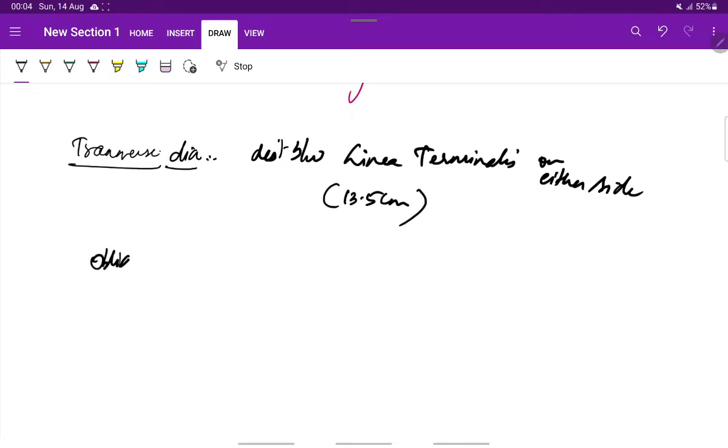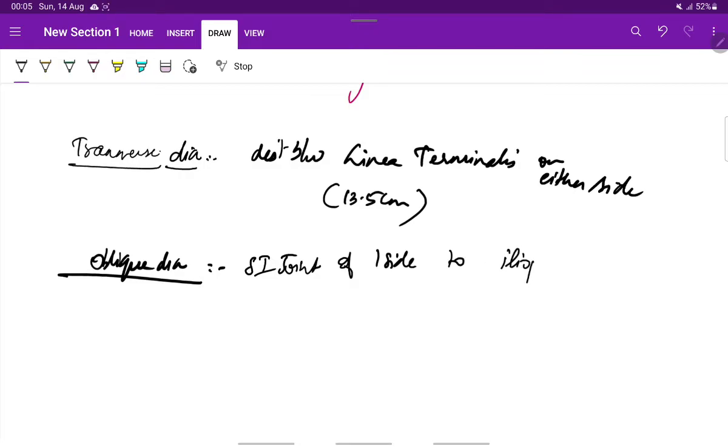Then will be the oblique diameter, which is from the sacroiliac joint of one side to the iliopectineal eminence on the other side.